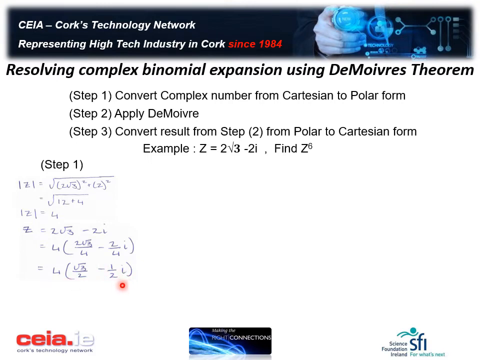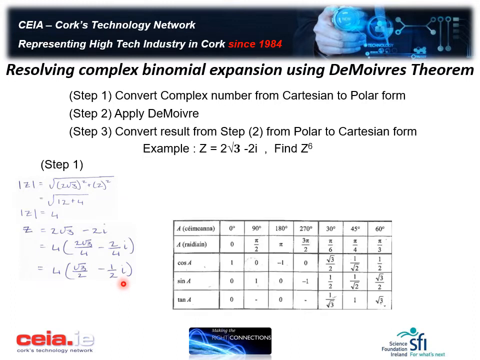Okay, and then we use this and the table on page 13 of your maths tables to find the argument of the complex number. So we have here a complex number with an argument whose cosine is root 3 over 2 and whose sine is minus 1 over 2. So start with the cosine.